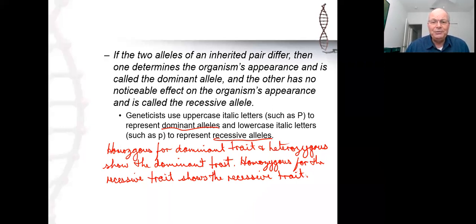If you're homozygous for the recessive trait, then both alleles are saying make no pigment, and so you look white under those circumstances. So it's really all about the product of the allele, the actual trait itself, that determines the nature of dominant versus recessive. And that will be reinforced later in this chapter as we dig deeper into some other ideas that will fall a little bit outside of Mendel's observations.